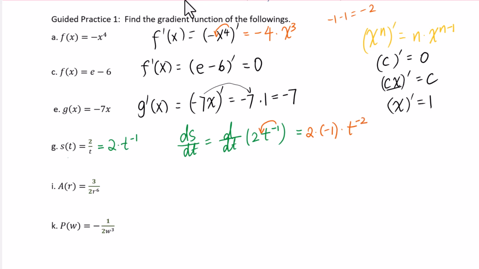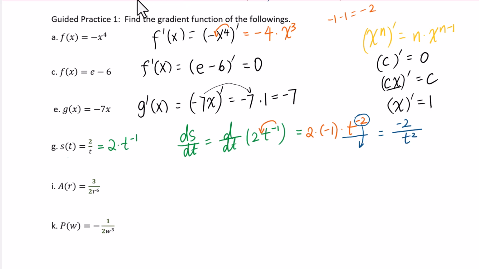Then change this negative exponent to positive. 2 times negative 1 is negative 2 over t squared.